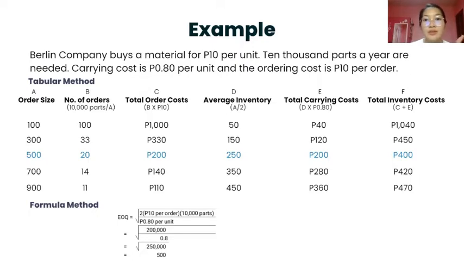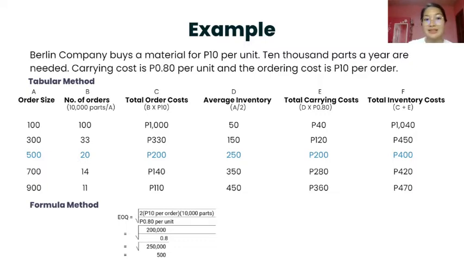Column 1 is the order size. So we look for the best way to order the 10,000 parts. It can be ordered in batches. If we plot an order of 100 each, then we will only order 100 times. If we order 300 parts each, then we will order about 33 times, and so on and so forth.